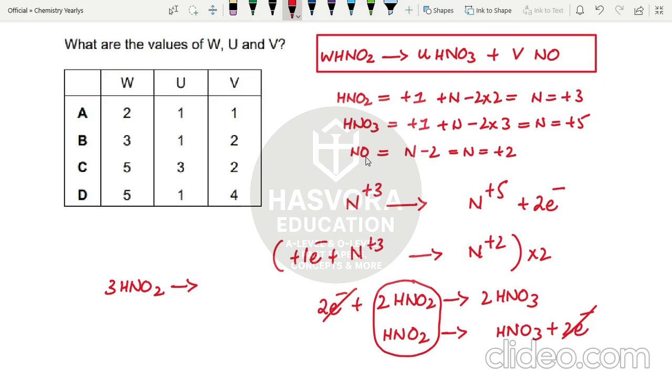Okay, so sorry, I have written here HNO3. This is not HNO3, it is NO. Let me just rewrite it. So this was actually NO. This one was NO. This one will be HNO3 and this one will be 2NO actually.